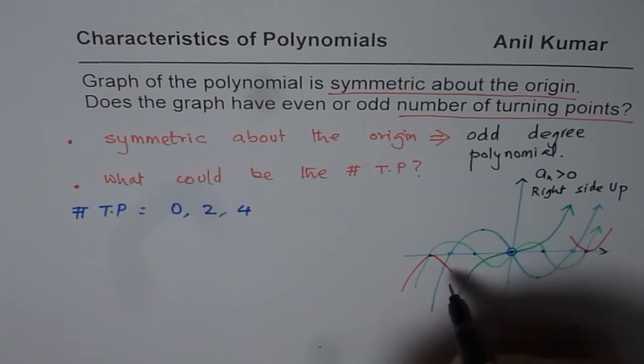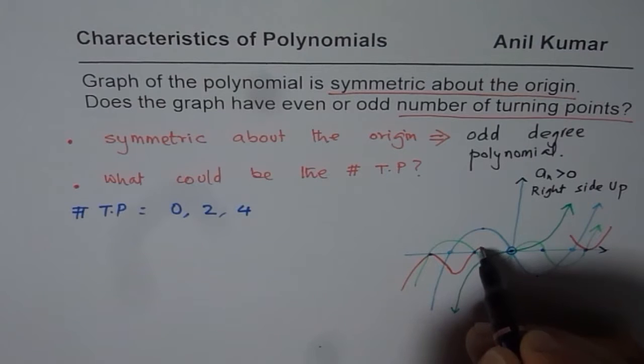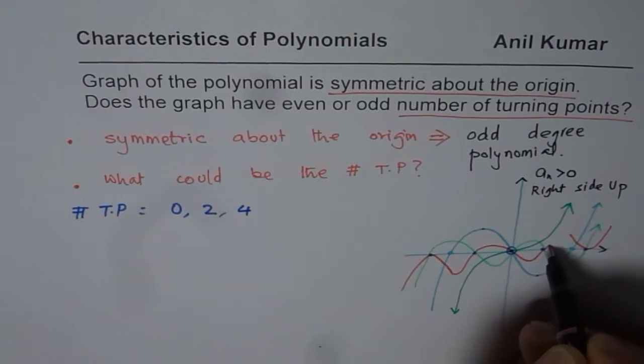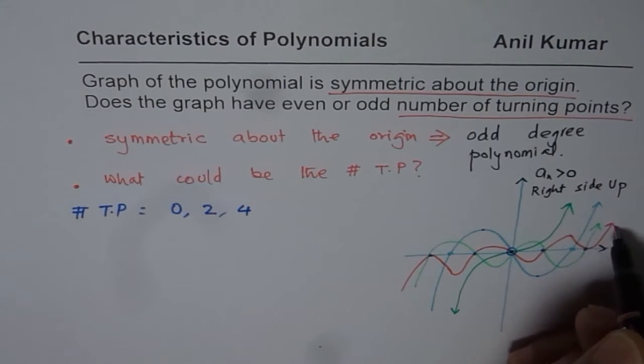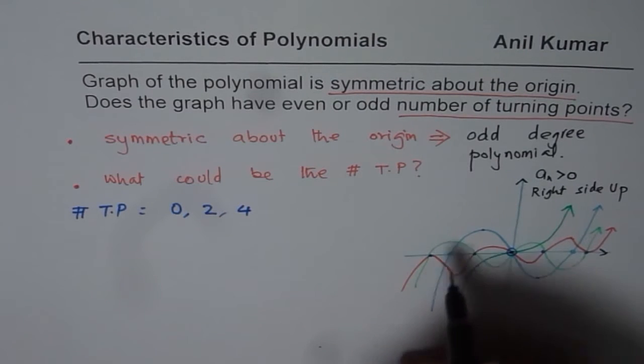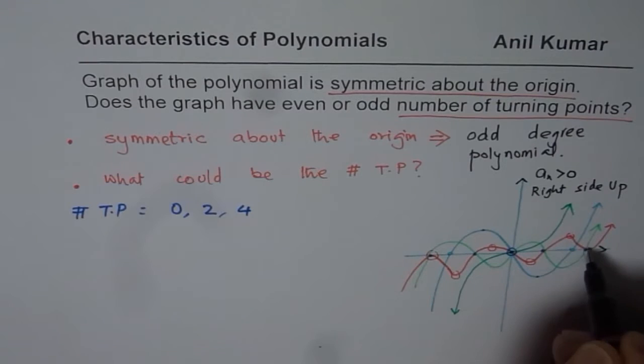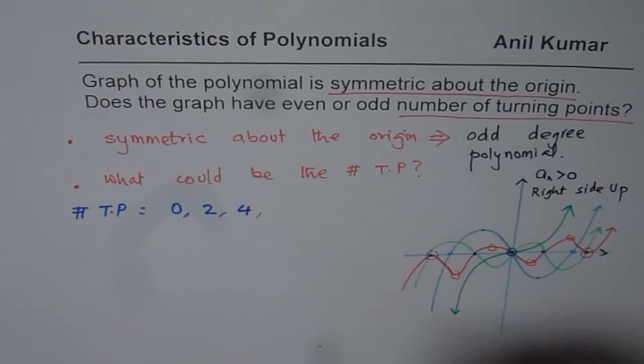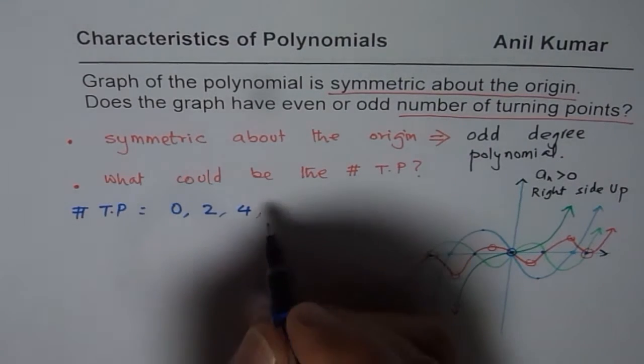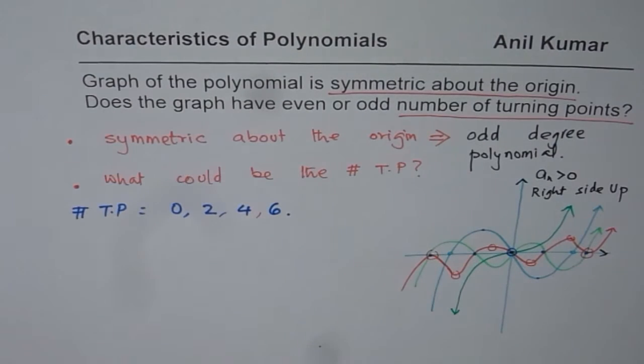Is it okay? Right. So let's count the turning points. So we have 1, 2, 3, 4, 5, 6. So in this case again we have even number of turning points.